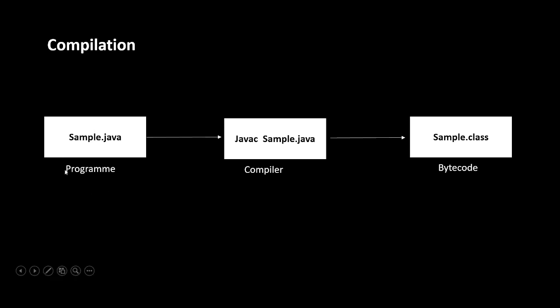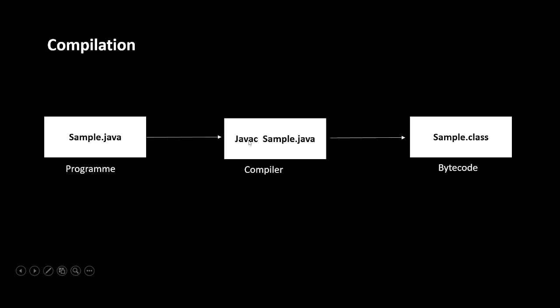So, after writing a program, first we have to save the program. We have saved the program as sample.java. We have used the extension .java because the .java extension is mandatory whenever we save a Java program. After saving the program with the .java extension, we compile the program using the statement javac sample.java.